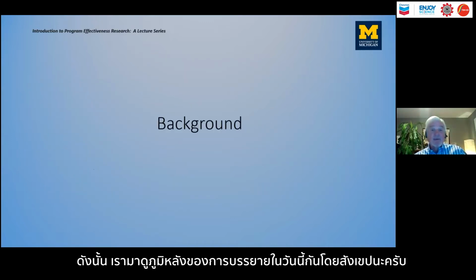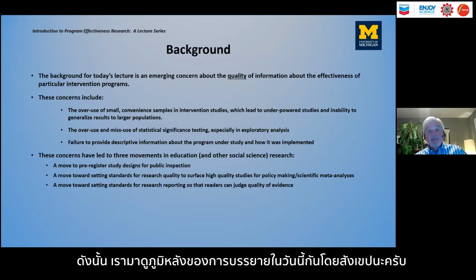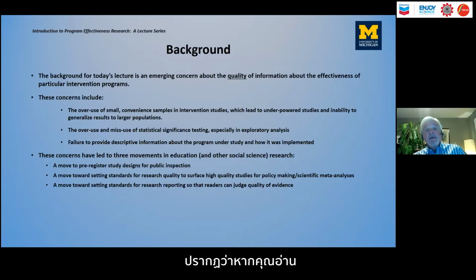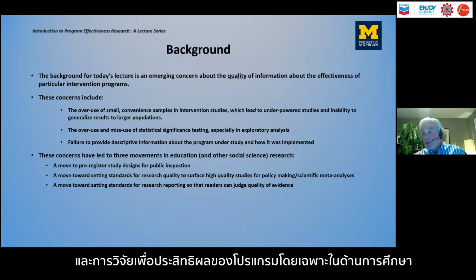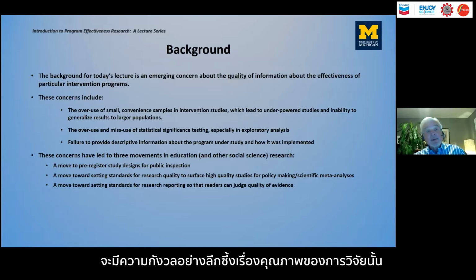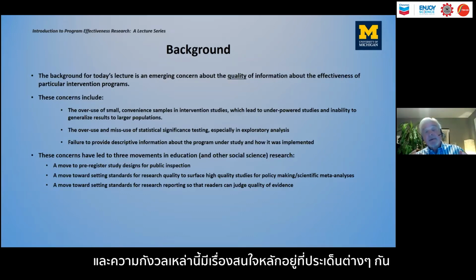So let's just briefly have some background on today's lecture. It turns out that if you read the literature on the quality of social science research in general and program effectiveness research in education in particular, there are deep concerns about the quality of that research. And these concerns revolve around several different kinds of issues.